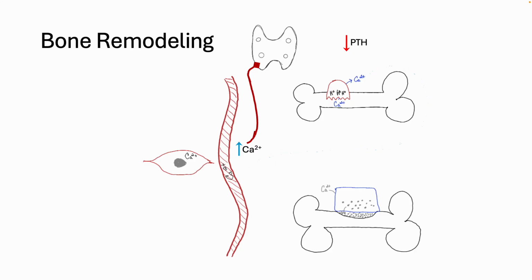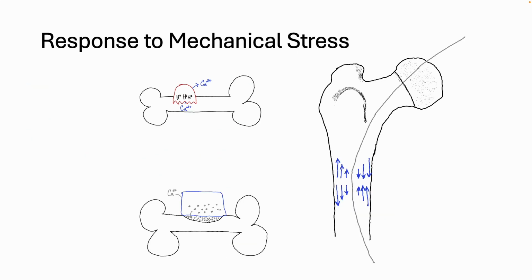You're no longer going to stimulate the osteoclast activity, and you're going to basically be laying down more calcium than you are resorbing, and so that overall is going to decrease the blood calcium levels because now more of it's sticking around in the bone. So whether and when it happens is stimulated by parathyroid hormone.